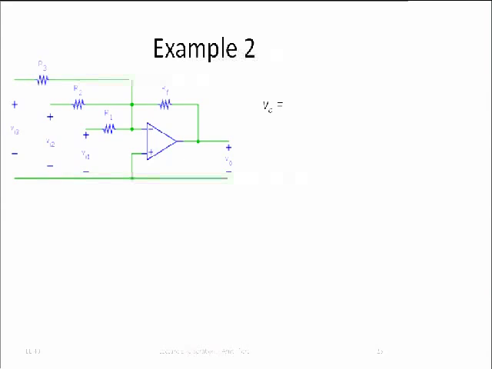So here we have another example. This one we're going to solve a little bit differently. Let's first do as if the part that I circled here was not present.